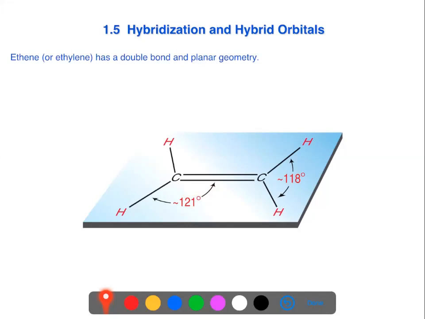So you may recall the trigonal planar system in the previous video, where the molecule was relatively flat. And that's the same as what we observe here, that ethene has the double bond, and as a result of that, it has planar geometry. Now, how do we describe the structure of ethene using the idea of hybridization and hybrid orbitals? Let's look at that in the next slide.